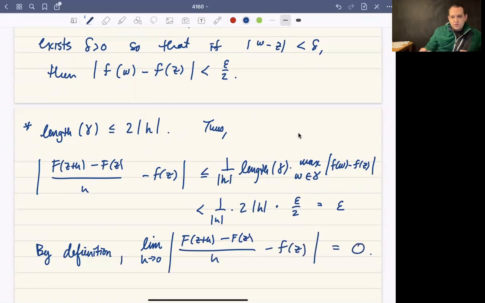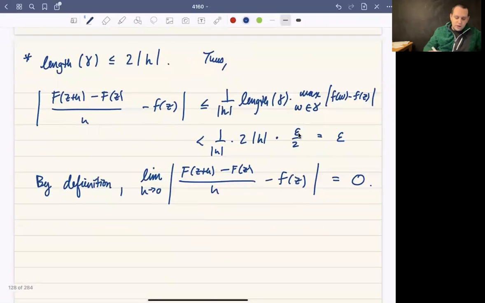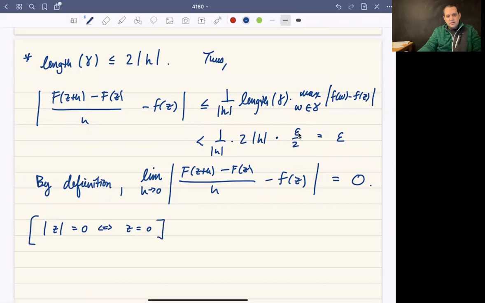And that tells you that the limit of this quantity without the modulus is 0, because we know, and I think this was one of the exercises at the beginning of chapter 1, that we can bring the modulus out, and the modulus of z is 0 if and only if z is 0. So the limit inside is 0, and therefore we're done. This tells you that capital F prime of z is equal to little f of z.